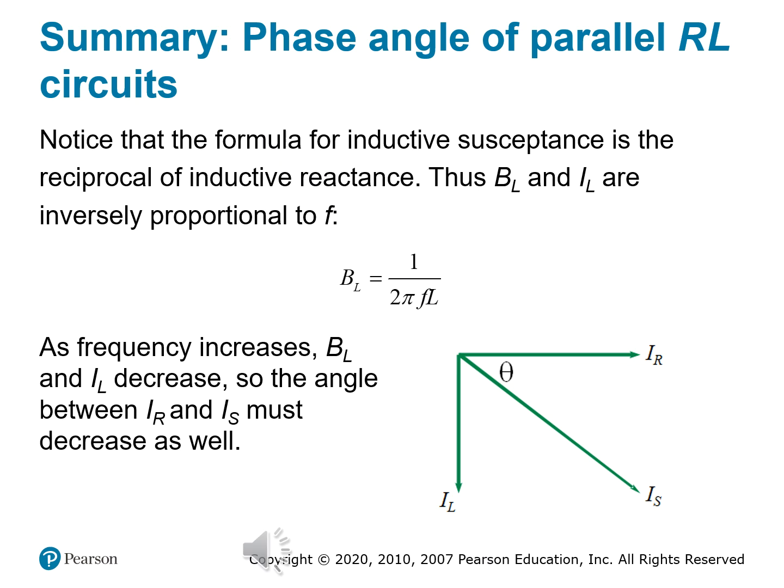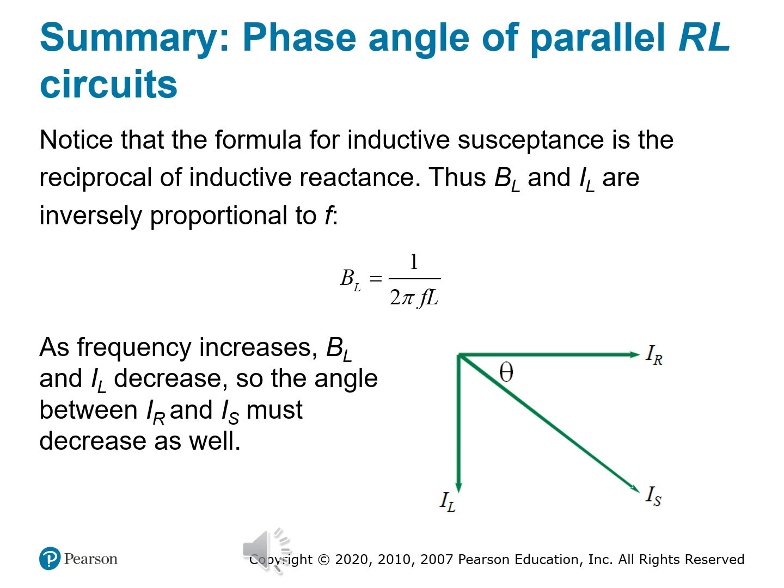And the key quantities here are, remember, B sub L is equal to 1 over 2 pi times frequency times inductance, 1 over 2 pi FL. And this is the inductive susceptance, the reciprocal of inductive reactance. And just notice the relationship. As frequency increases, B sub L decreases. That means that the inductor offers less current, right?